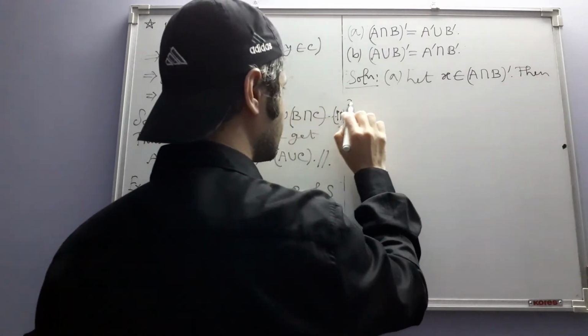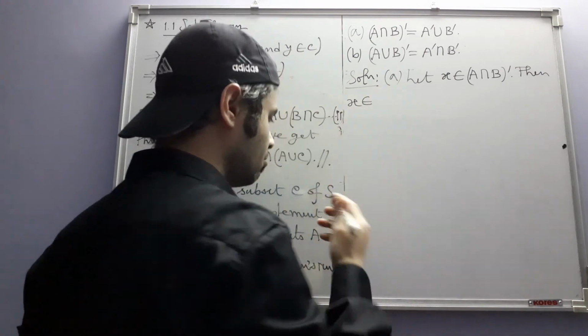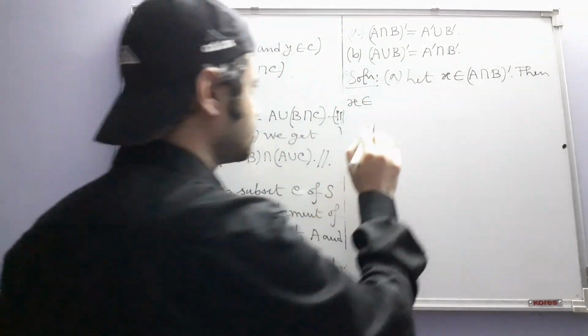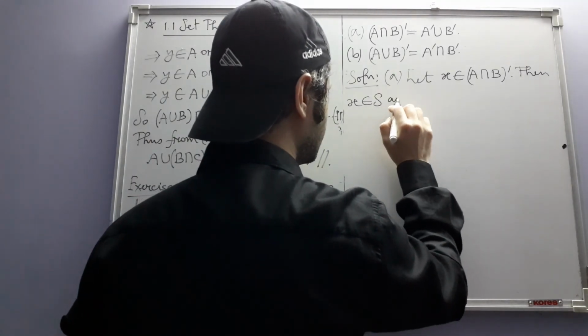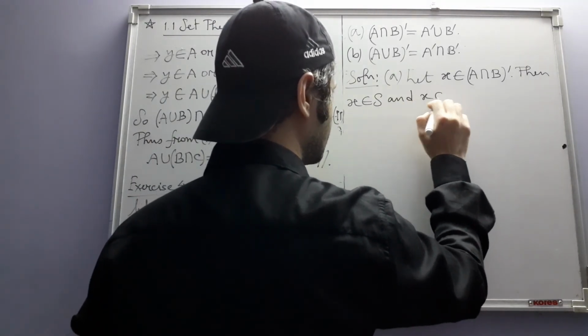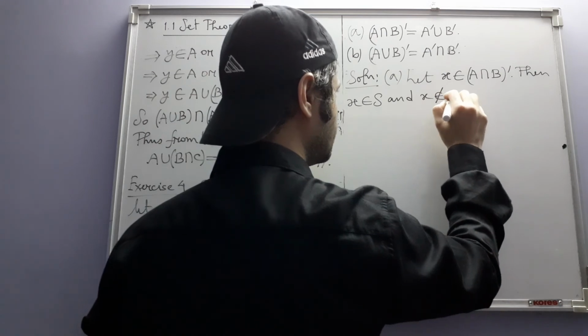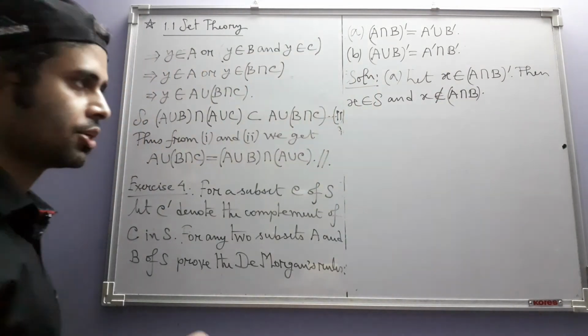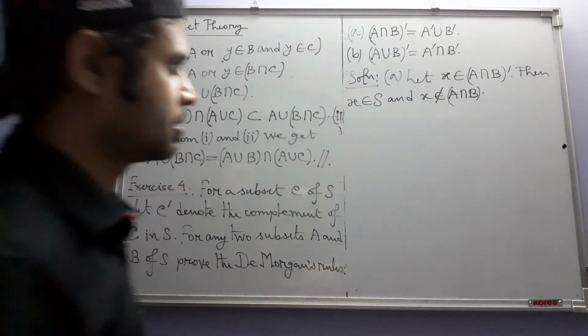Then X, if you want, you can include this, that X belongs to S and X does not belong to A intersection B, because it's in the complement of A intersection B.